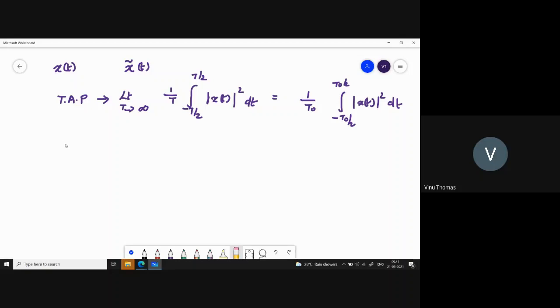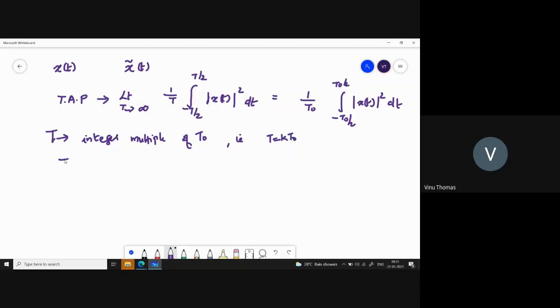So you can take T as an integer multiple of capital T0. In this limit expression, limit T tending to infinity, we will take T as some integer multiple of the fundamental period, so T is equal to k into T0.